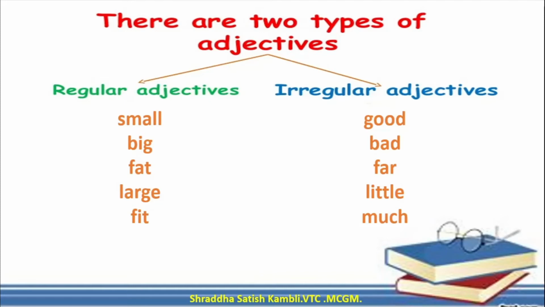Then what happens to good? Good becomes better and best. Okay? Big becomes bigger and biggest. But bad doesn't become badder and baddest. Bad becomes worse and worst. So that is why we put the words which are adjectives into two groups, regular ones and irregular ones.